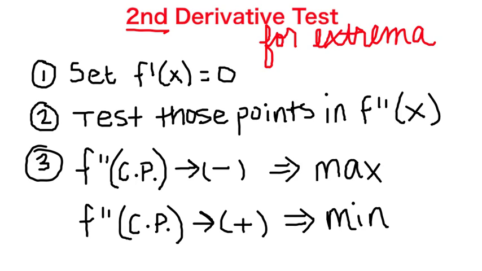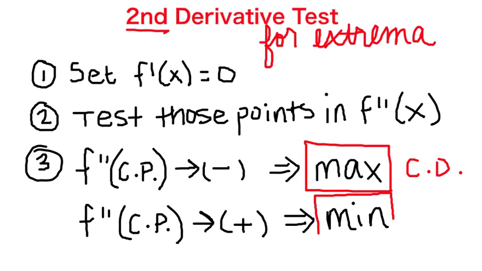So if the function is concave down there, and it was a critical point, it must mean that point is a max. Now, conversely, if the second derivative at a critical point is positive, then that must be a minimum, because at that point the function would be concave up.